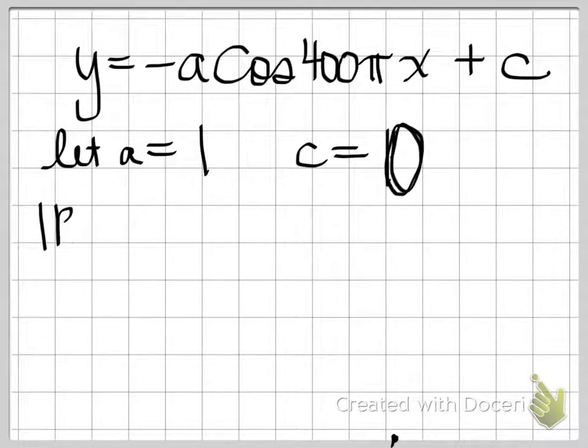We need to know when it's positive and when it's negative. So the instantaneous rate of change. What I did is I found an equation and we let A equal 1 and C equal 0. Because if the amplitude is 1, we know it goes from 1 to -1. But then the C value is 0 because a vertical translation will not affect our question.